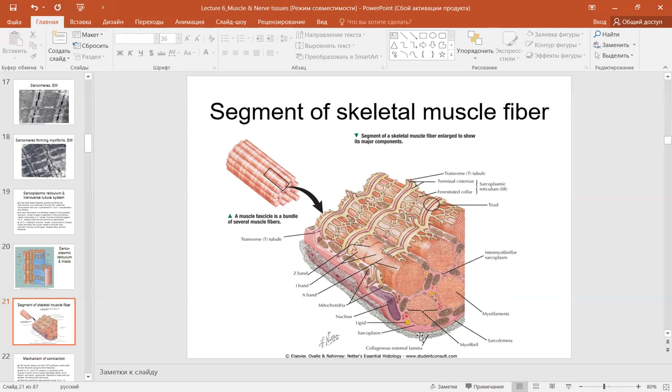And here you have the external lamina, which is part of the endomysium.